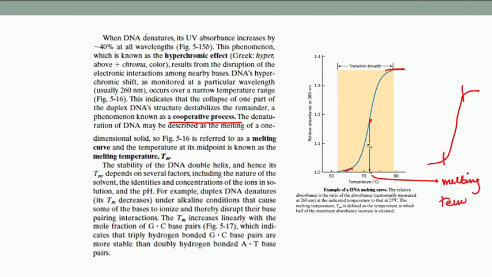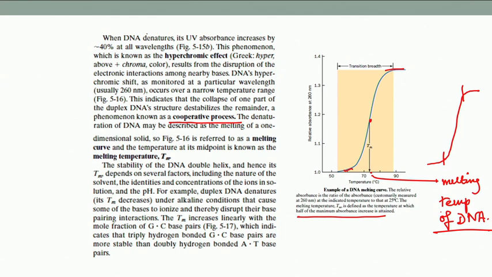The definition given here is that Tm is the temperature at which half of the maximum absorption increase is attained. That is one way of saying it, but you are not telling about the structure by giving this definition. You tell about the structure if you say that 50% of the hydrogen bonds are broken at the melting temperature.